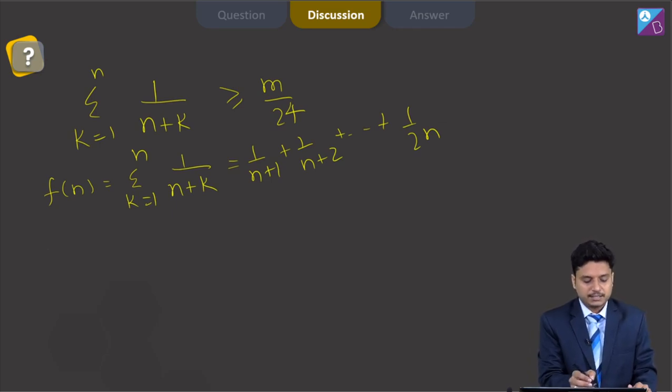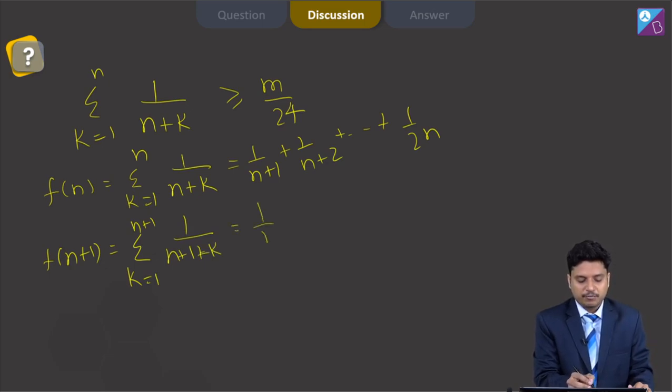So f(n) is this, and if you consider f(n+1), what will it have? k equal to 1 to n plus 1, 1 upon n plus 1 plus k. So the first term will be 1 upon n plus 2, the second 1 upon n plus 3, and the last term, with k again n plus 1, will be 1 upon 2n plus 2.